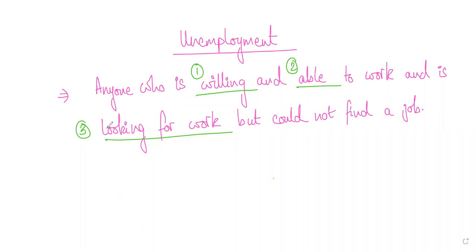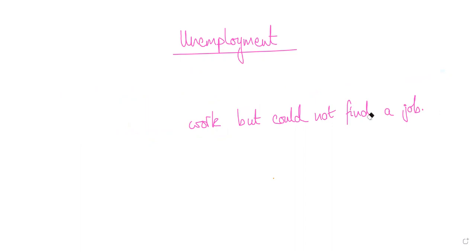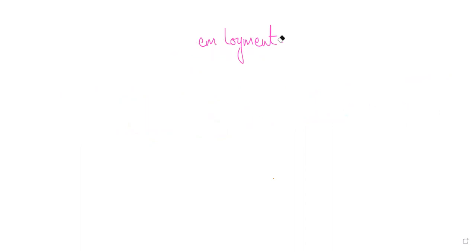Okay, now moving forward, it's important to understand how the population of a country is divided. That's not directly related to the A2 syllabus, but it always helps to understand how we divide people into different categories, and among all these categories, where the unemployed people lie. So we can call this population distribution, right?